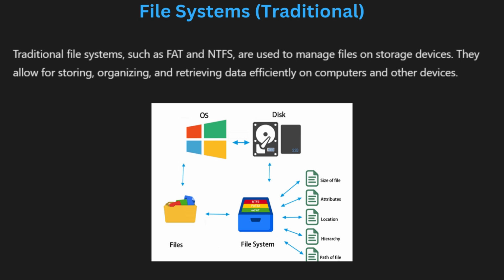In traditional file systems, multimedia files are treated like any other file, with each file stored in a specific location on the storage medium. However, the traditional file systems are not optimized for the unique needs of multimedia data, such as streaming the large video files or managing the multiple media types in the one system.